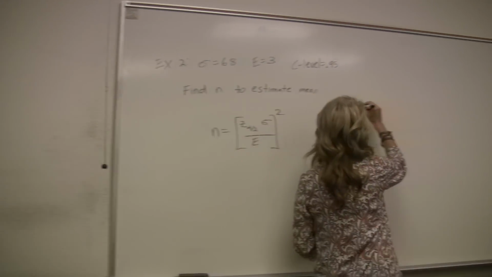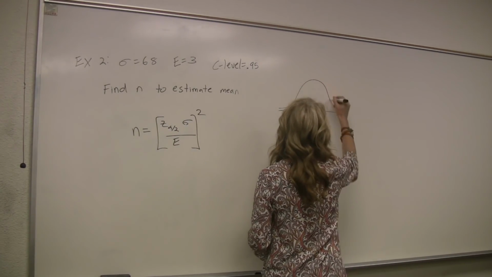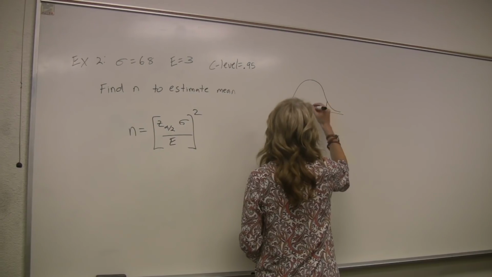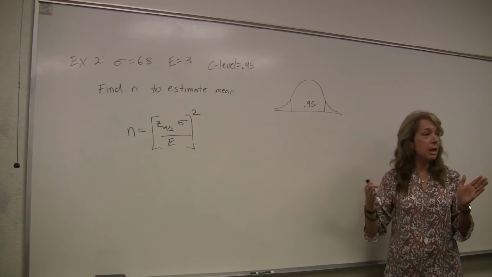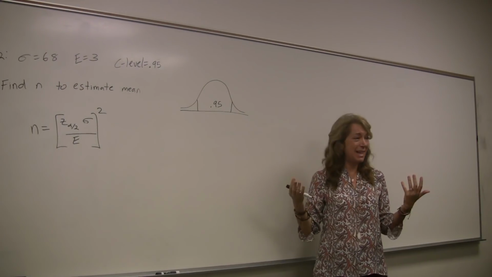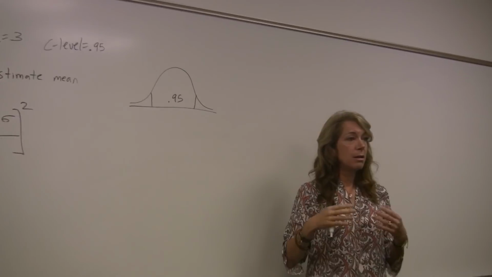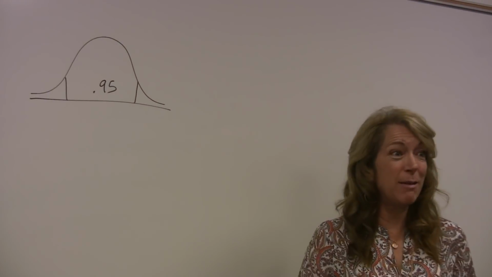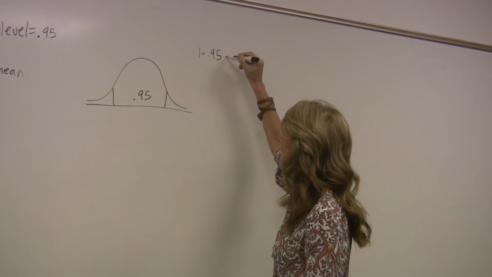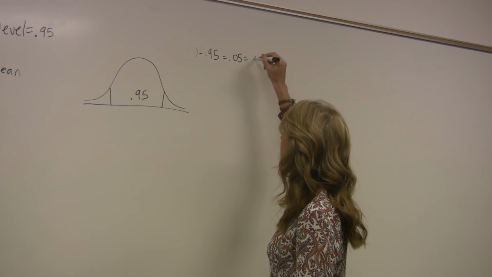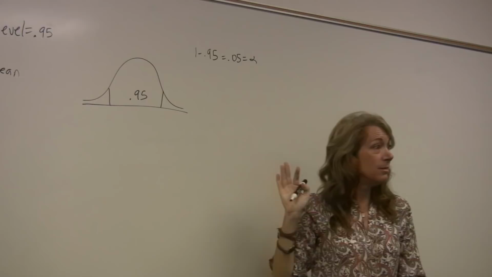Let's jog your memory on how to do that. So if it's a 95% confidence interval, 95 is in between. Evelyn's over here telling me take 1 minus 0.95. We got it right here in the corner. And you also have it in the corner. So let's remind you how to do it. So 0.05 is our alpha, the area on the outside.